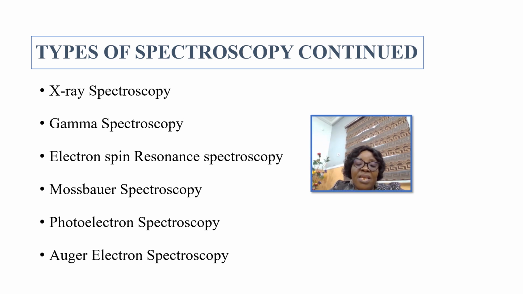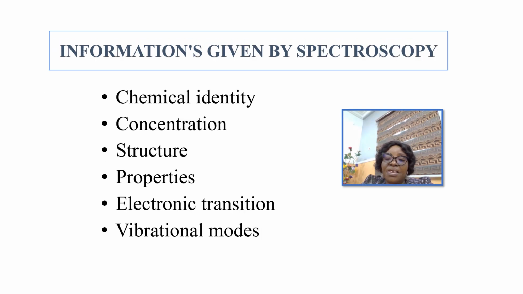And Auger electron spectroscopy measures the energy of electrons emitted by atoms. These types of spectroscopy are used in various fields, including chemistry, physics, biology, and material science, to analyze the properties of atoms and molecules. What are the information we get from spectroscopy?